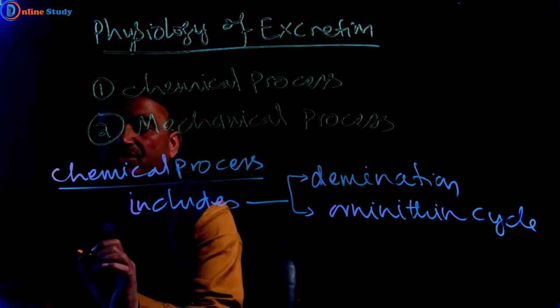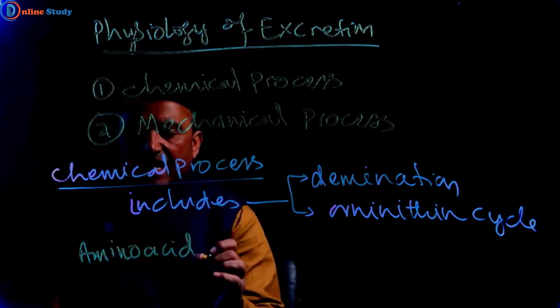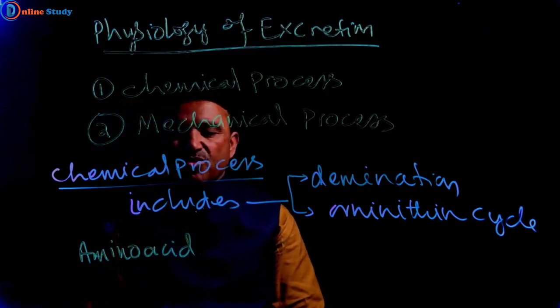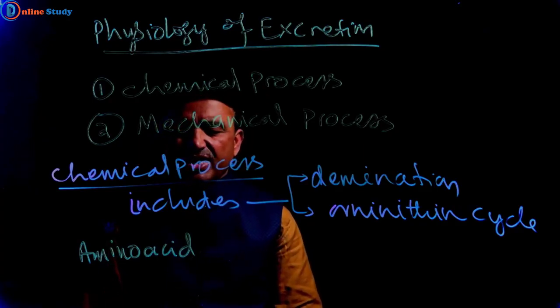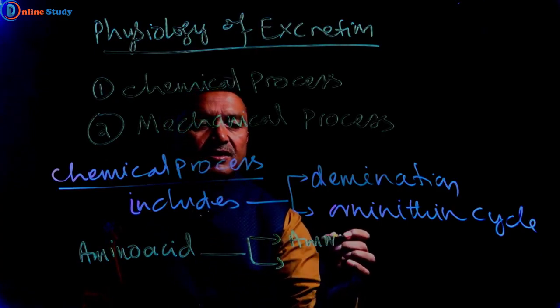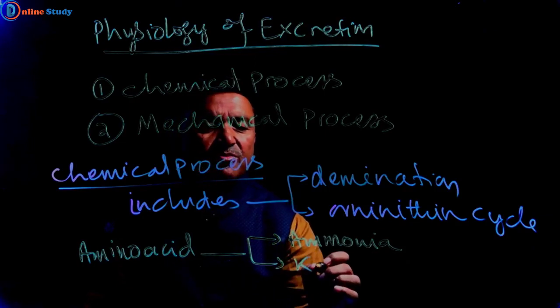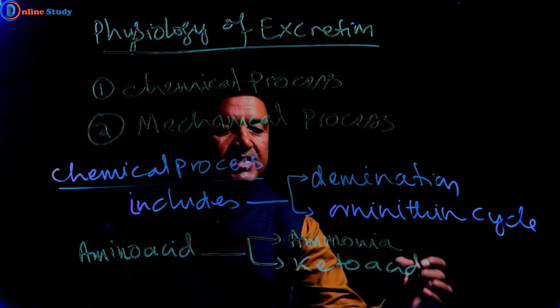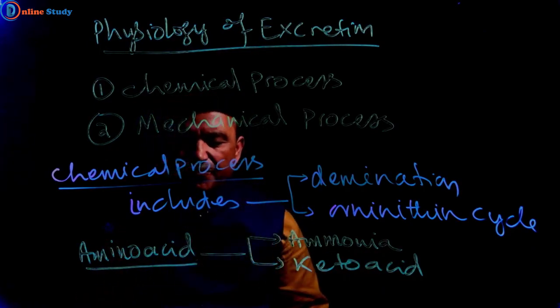So we will discuss about amino acid. Amino acid is the final product of protein, and during deamination, ammonia and keto acid are formed from amino acid.